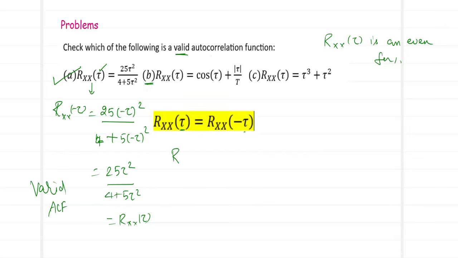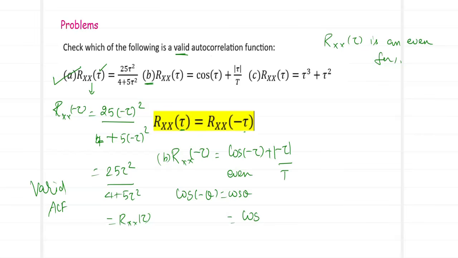We will check the same thing for the second one. I am replacing Rxx of tau by Rxx of minus tau. So I have cos of minus tau plus modulus of minus tau divided by t. Cos is going to be an even function. What do you mean by an even function? You know that cos of minus theta is equal to cos theta. So cos of minus tau will again be equal to cos tau. And what is modulus?